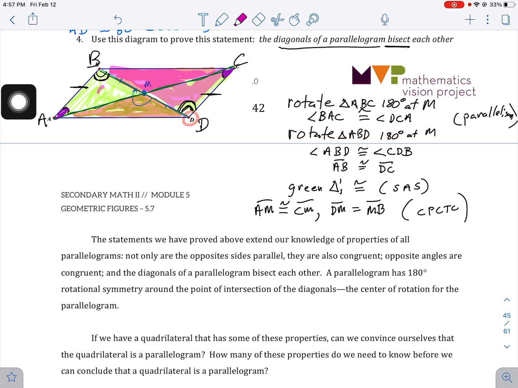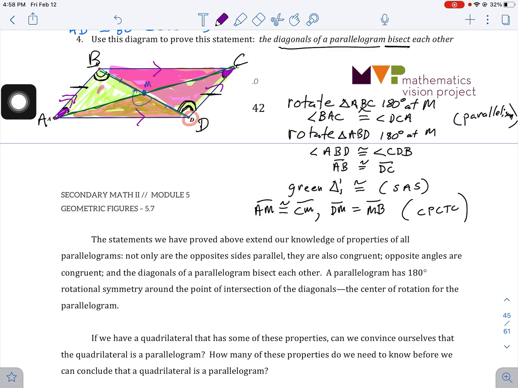Remember, when you rotate 180 degrees, every line segment will be parallel with the image after rotation. So we can say things like this and this are going to be parallel, okay? Or this and this are going to end up being parallel. And that was what we learned with the parallelism, what happens when you rotate 180 degrees.